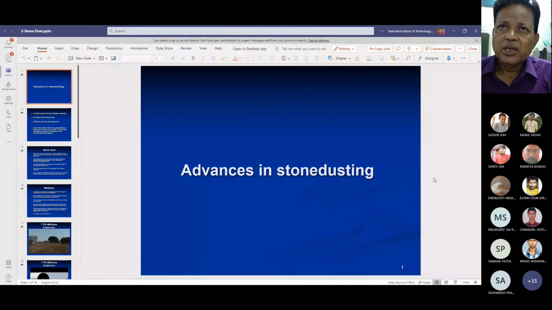So what is a stone dust, and how is the stone dust used in the mines for neutralization of the coal dust?